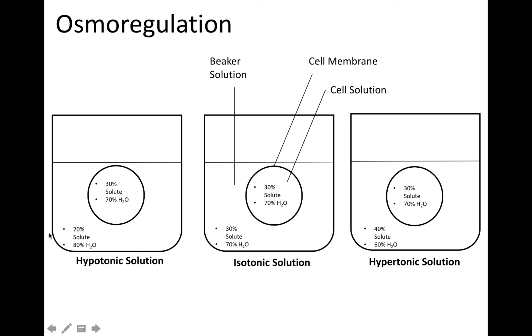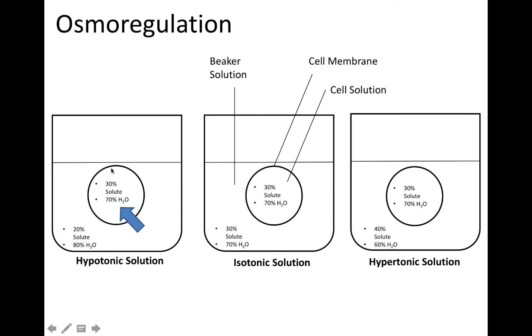What's higher, 20% solute or 30? Obviously it's 30. Therefore, which way will water move? Will it move into the cell or out of the cell? If you said into the cell, you are correct. Therefore, water is going to move into the cell.